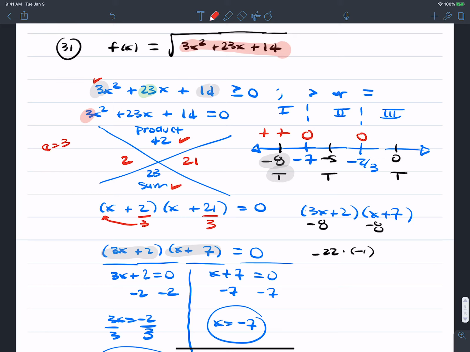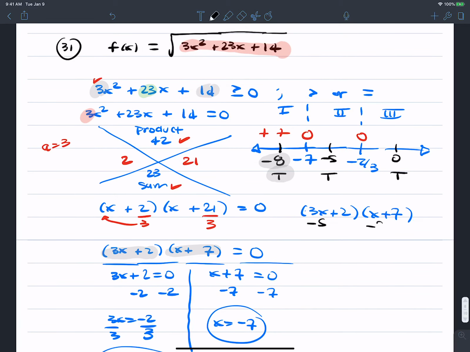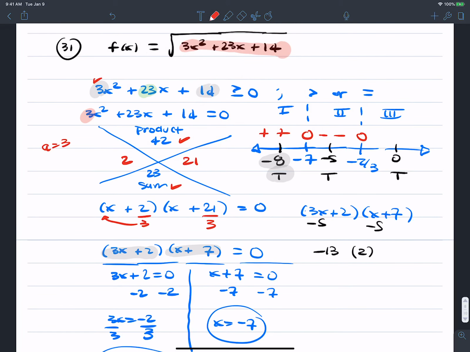Plug in negative 5. So we're going to plug in negative 5 here for x. 3 times negative 5 is negative 15, plus 2 gives you negative 13. Negative 5 plus 7 is positive 2, and a negative times a positive gives you again here a negative. Region 2 is negative.